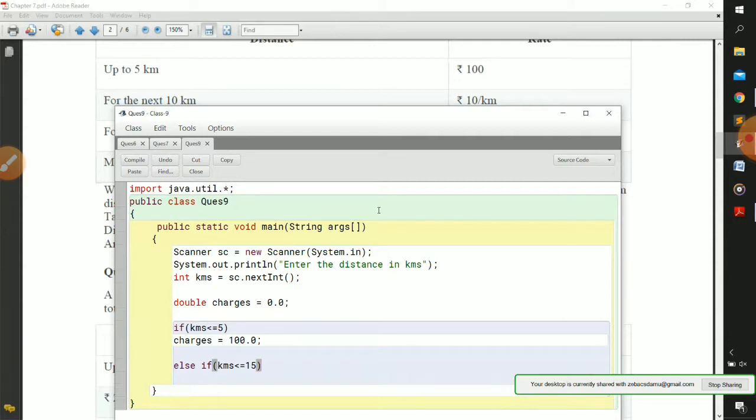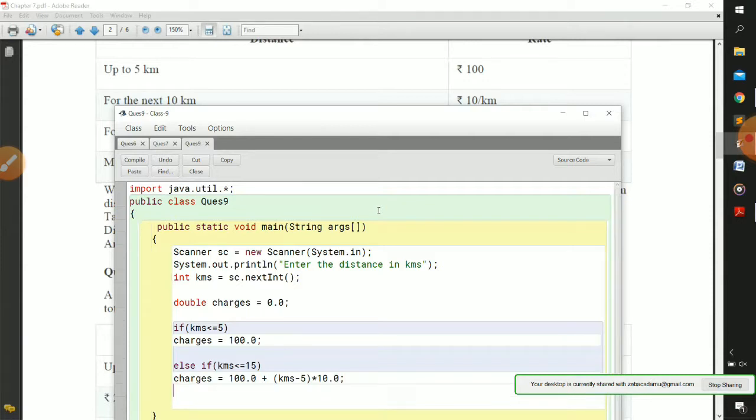So for kilometers less than or equal to 15, for the first 5, 100.0 it is going to pay, and for the rest of the kilometers it is going to pay 10 rupees per kilometer. So it means your kilometers minus 5, for that you are going to pay 10 rupees per kilometer, like this. I hope you understood why I have written this portion.